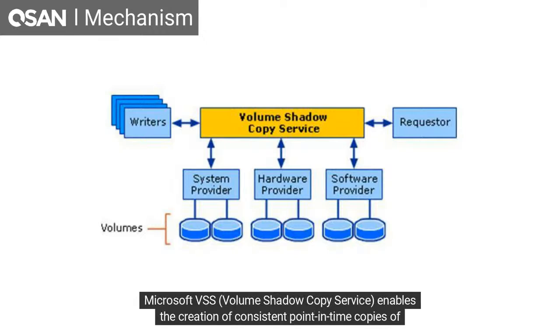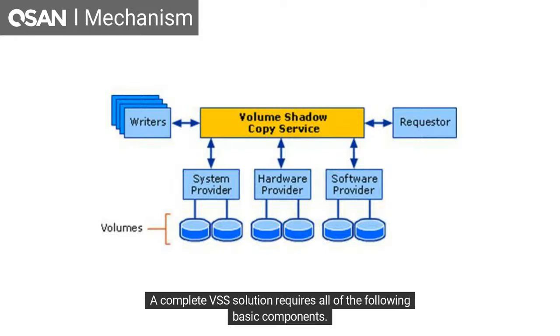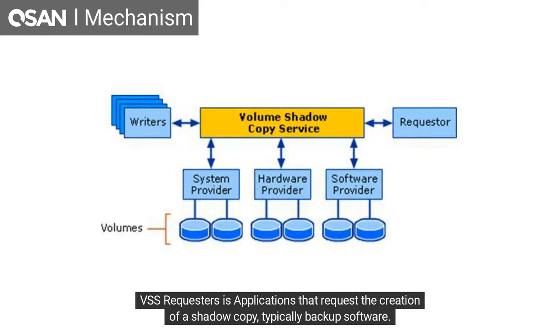Microsoft VSS, Volume Shadow Copy Service, enables the creation of consistent point-in-time copies of data, known as shadow copies or snapshots, which can be used for backup and recovery purposes. A complete VSS solution requires all of the following basic components. VSS service is a Windows service that coordinates the snapshot creation process. VSS requesters are applications that request the creation of a shadow copy, typically backup software.